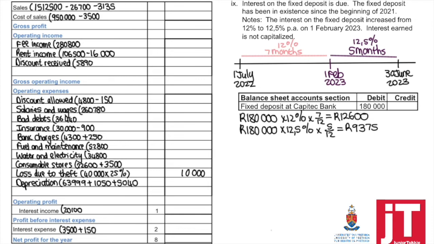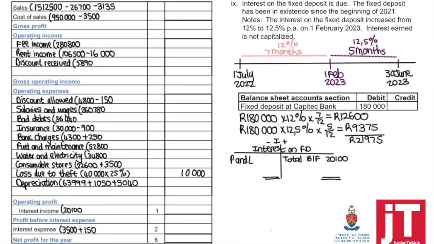So here they said interest on fixed deposit is due. I don't know how much is due. We have to compare this by looking at what we have already received and what it is supposed to be for this accounting period.